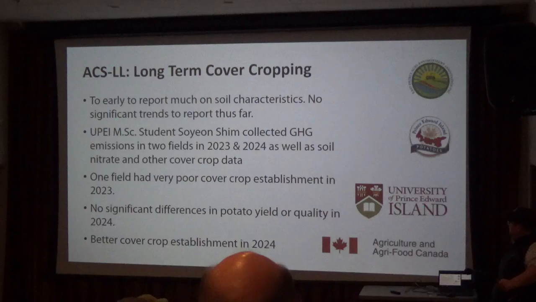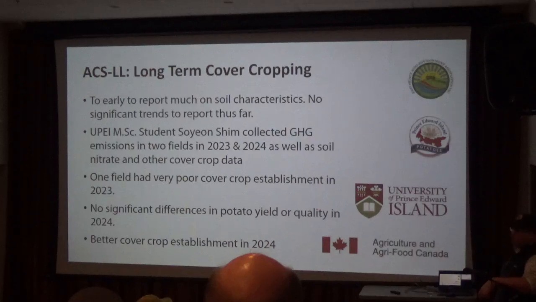One of the fields had a very poor cover crop establishment in 2023 because, you guys remember, it was wet in August and September in 23, and this field was harvested early. It was ryegrass for seed.